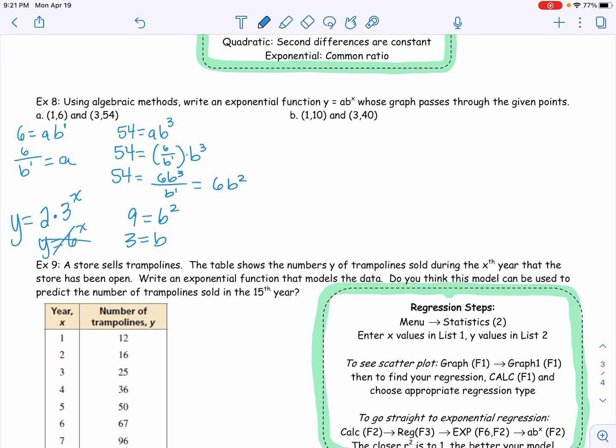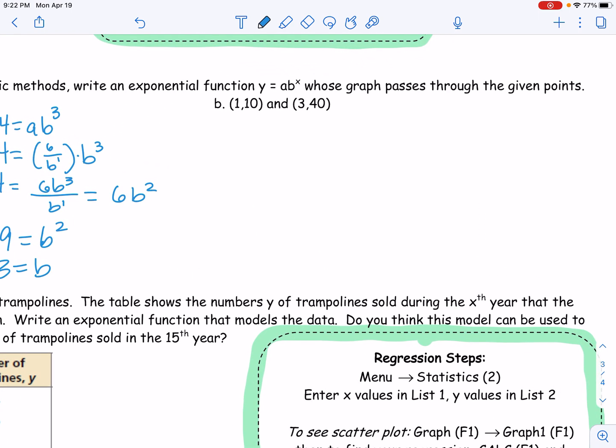We cannot do that. Please leave them separate. If you need to put that base in parentheses as an identifier, that's totally fine, but leave them separate. Our base is 3. Our initial value is 2, or if you want to think of that as your vertical stretch. Okay, let's try this one more time.